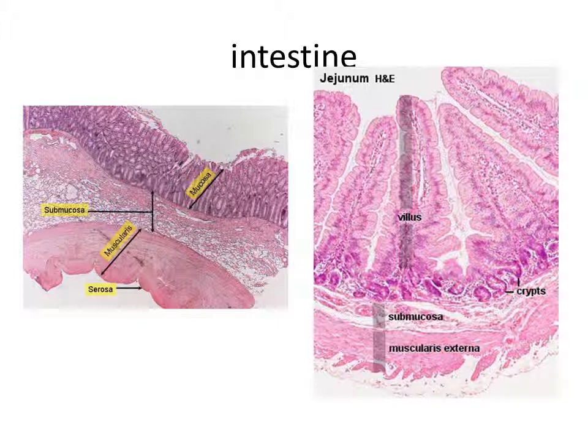I apologize, but there's two layers of muscle in there. One's for constricting the intestine, one's for making it squish along its long axis. So that gives you the different movements of the intestine. And then on the outside, there's a coating, a single squamous epithelia called the serosa, and that's to protect the organ.